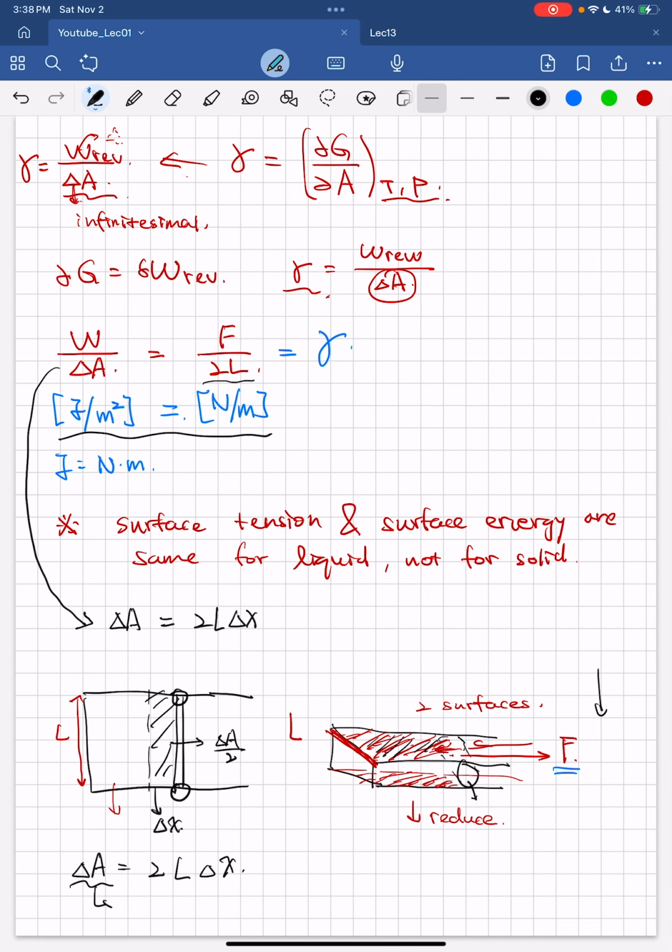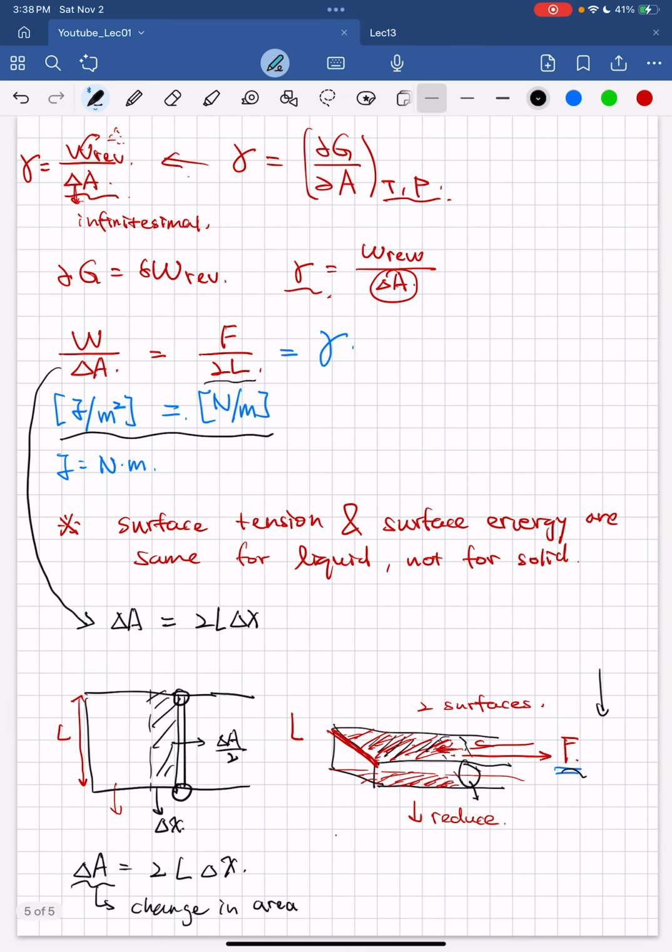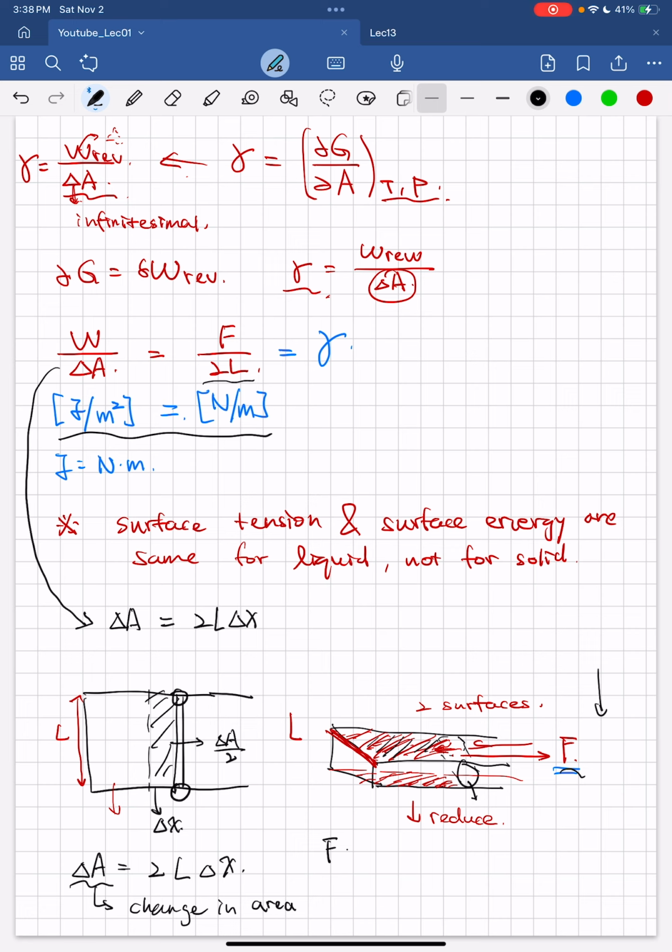Then this is the amount of change in area, and your force is going to do work equal to force times delta X. Then work over change in area, which is the definition for surface energy, is going to equal F times delta X over 2L delta X, which is F over 2L, which is surface tension.